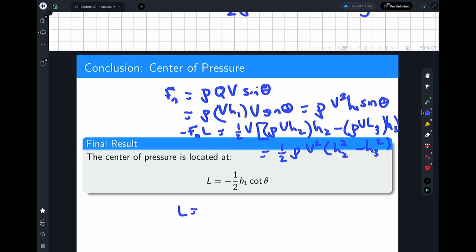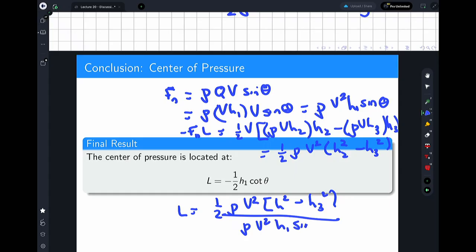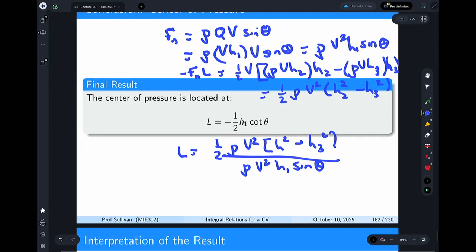So continuing, L will equal 1/2 rho v squared (h2 squared minus h3 squared) all over rho v squared h1 sine of theta.